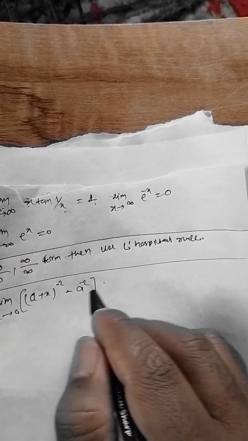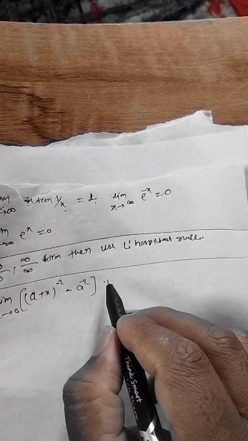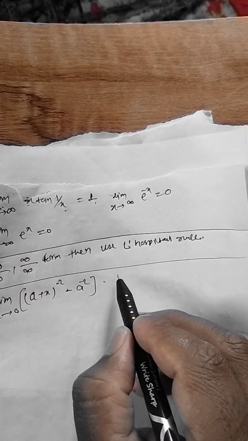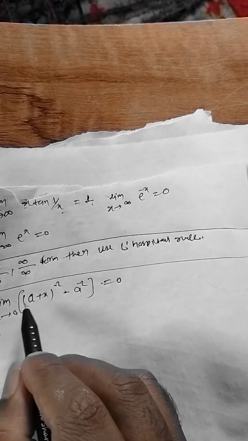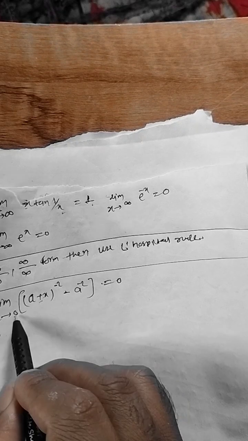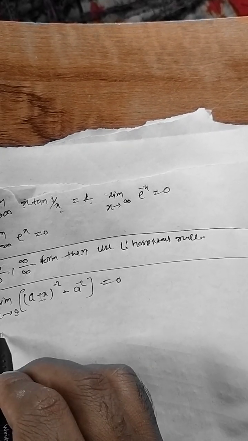Here put x equal to 0, directly putting the value of x equal to 0. In that case its value is 0.